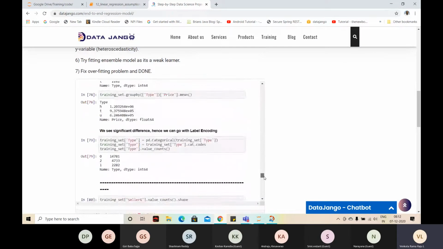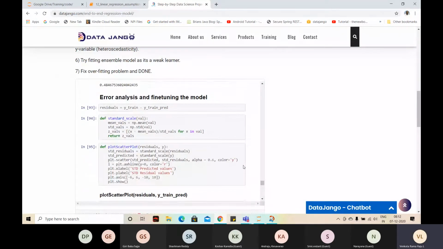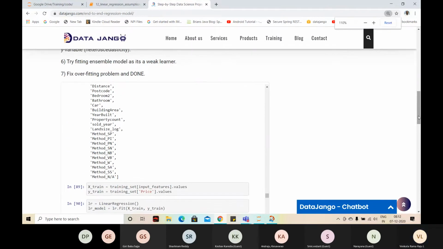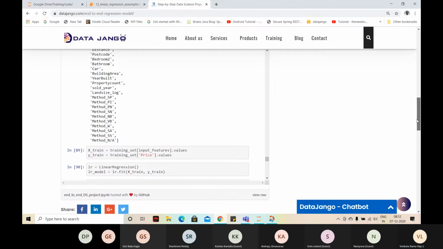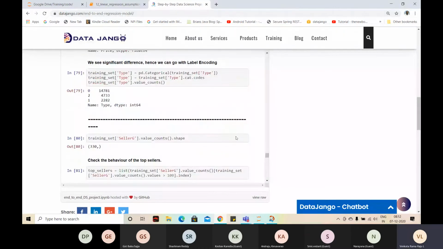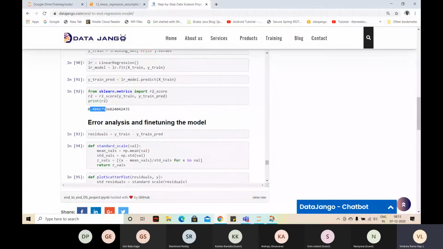So here, when I built a model, I got only 48% accuracy.